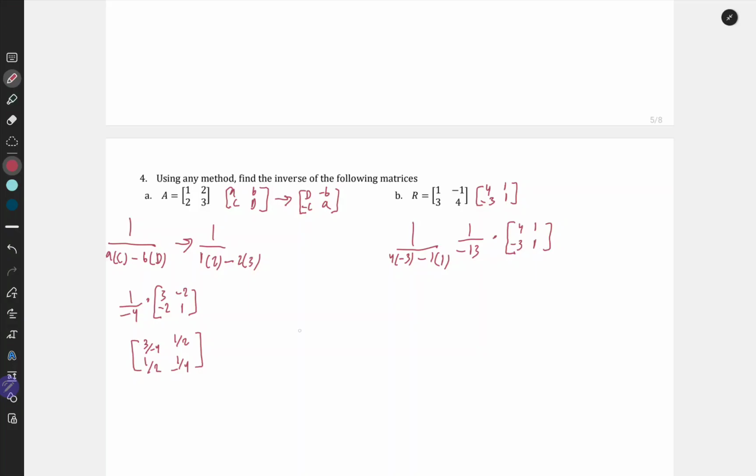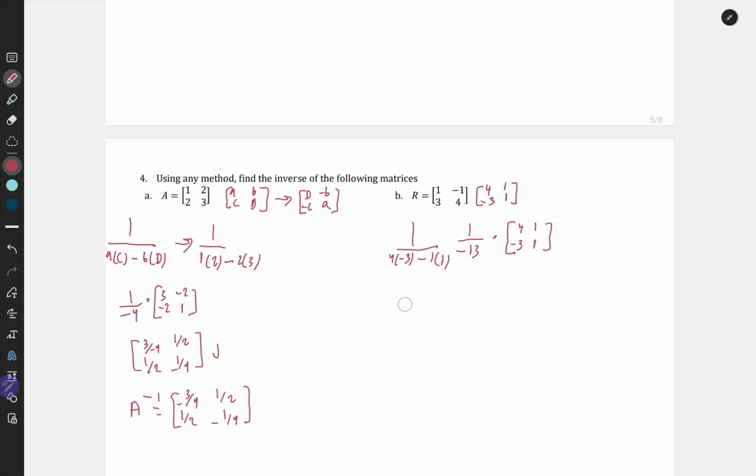This is going to give us the inverse, so this is inverse. This should be actually written as this, negative 1, 3, negative 4. It has to be written in the proper form. 1 over 2, 1 over 2, negative 1 over 4. There we go. Same goes for this one.